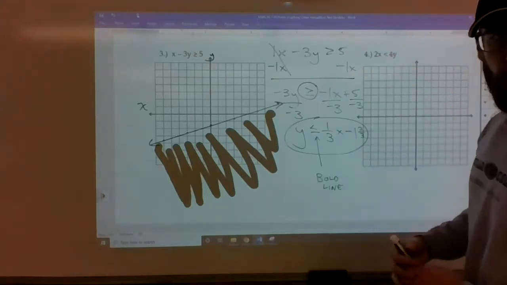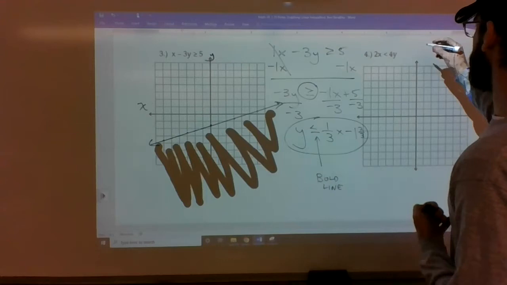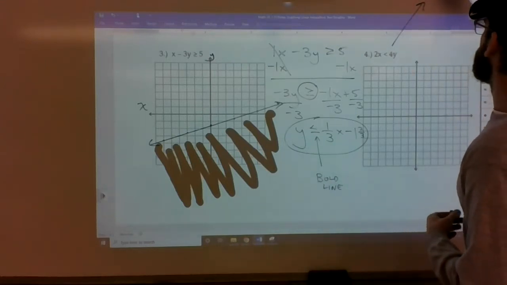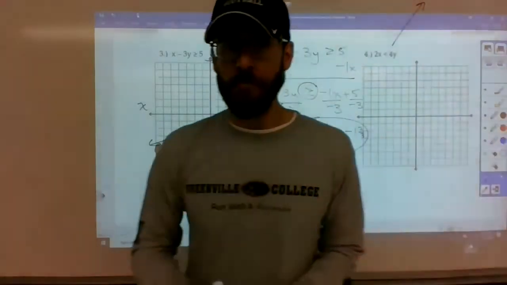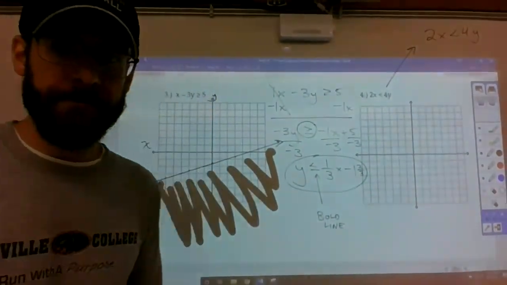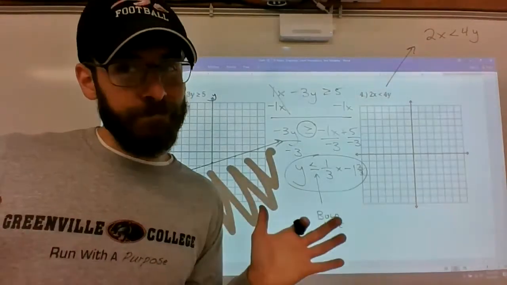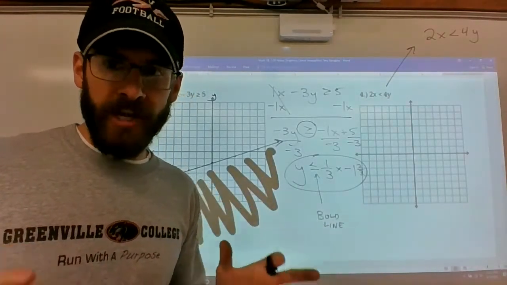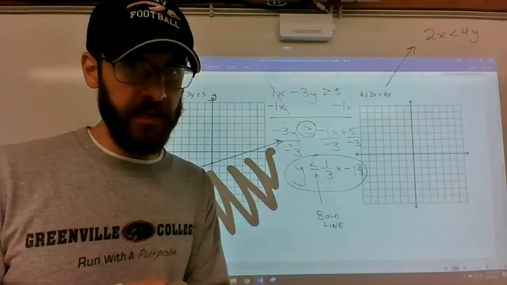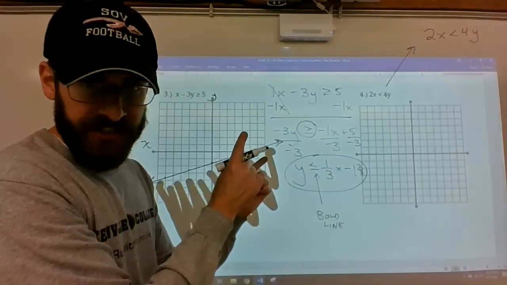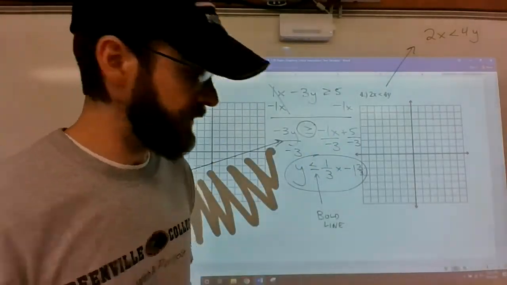So check out number 4. This looks different. I see 2x is less than 4y. My first thought is to rearrange it so that the y is on the left-hand side, and you have to do it with inequalities, because the direction of the inequality symbol, greater than versus less than, makes a huge difference.